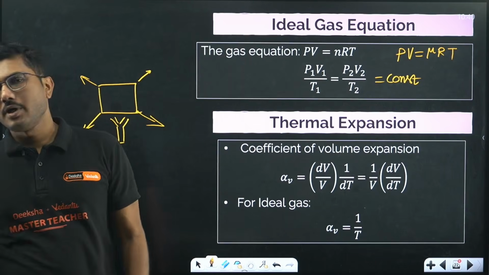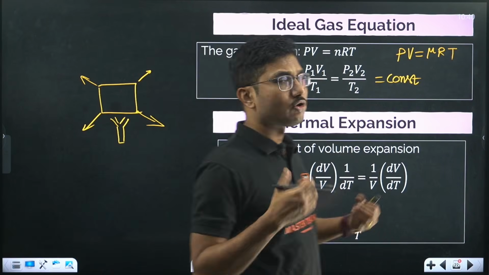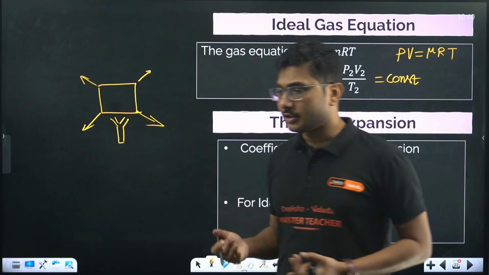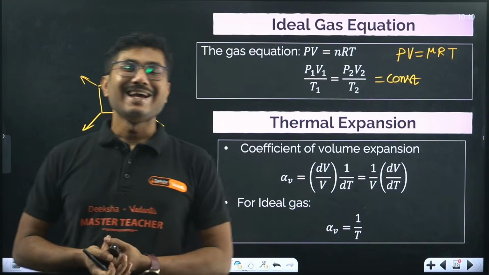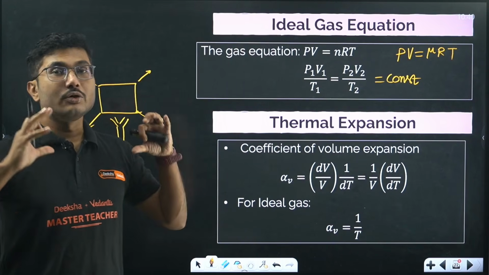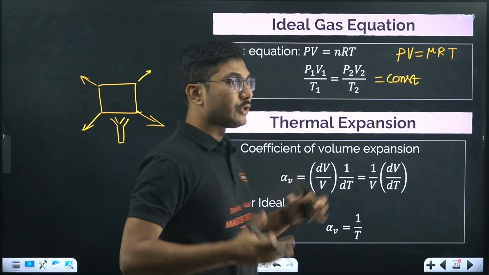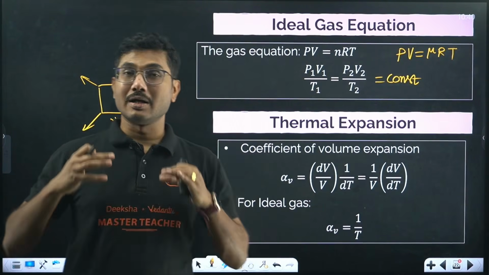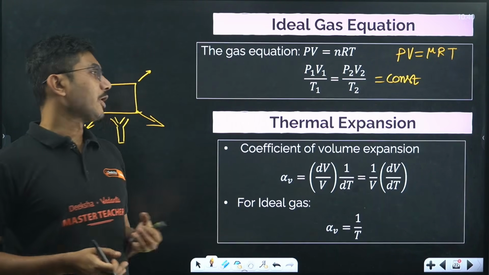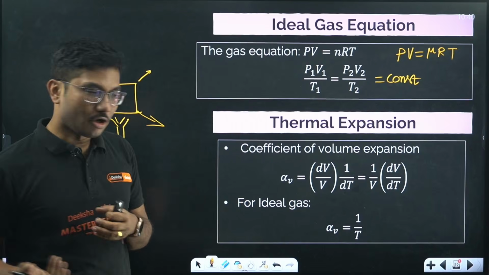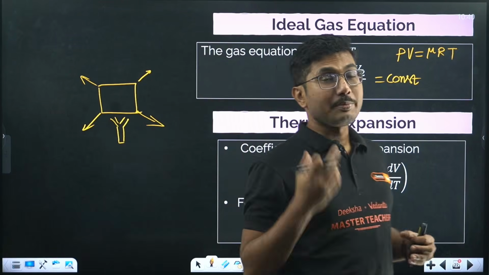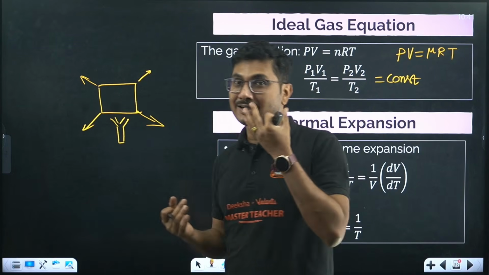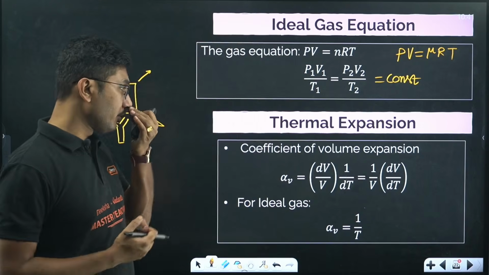Atmospheric pressure is constant, so the pressure does not change, but the volume increases. In case of gases, because they have no shape, you can keep it in a fixed container with the pressure fixed and increase its volume, or you can keep its volume fixed and increase the pressure. Both ways are possible.